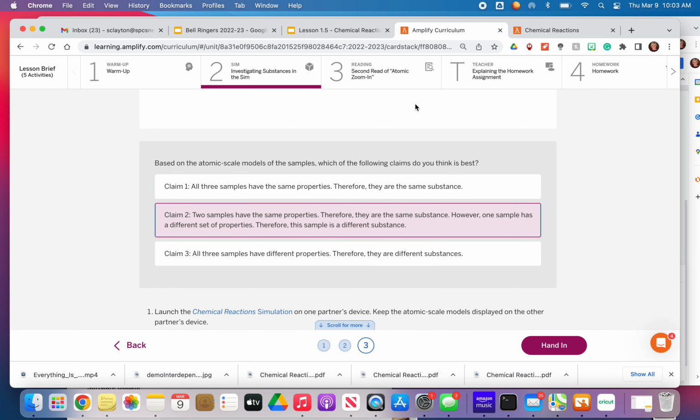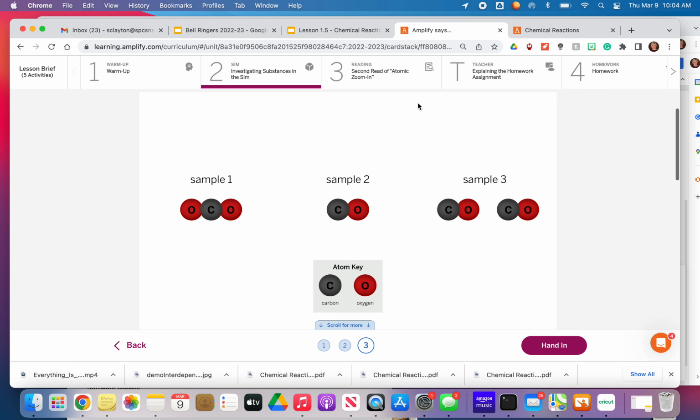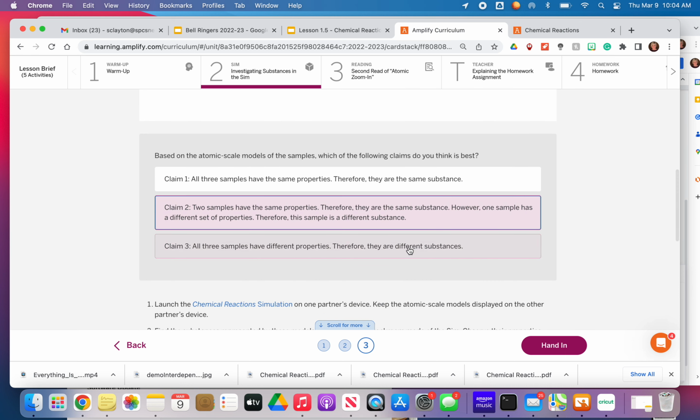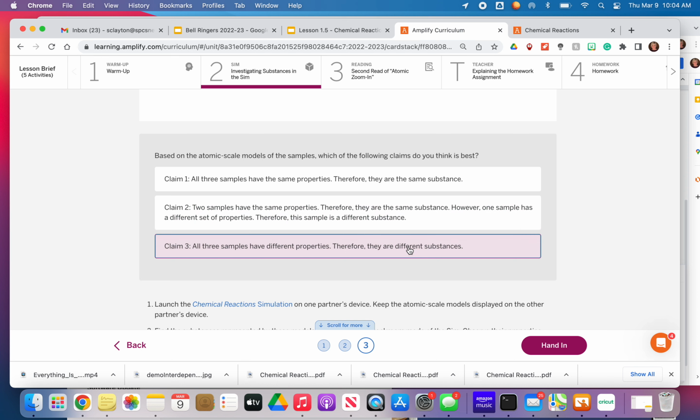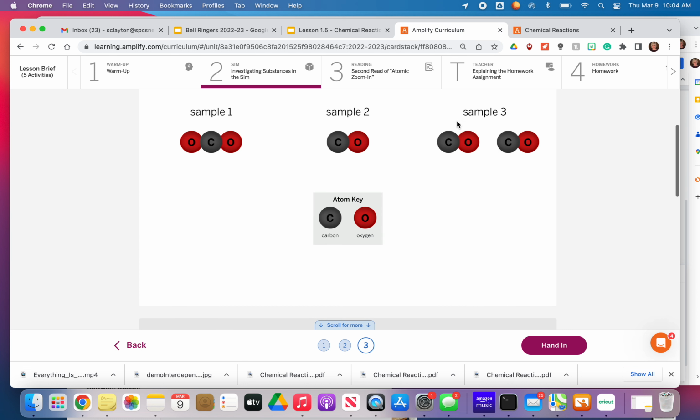Claim number 2 says 2 samples have the same properties, therefore they are the same substance. However, 1 sample has a different set of properties, and therefore this sample is a different substance. And then claim number 3 says all 3 samples have different properties, therefore they are different substances.